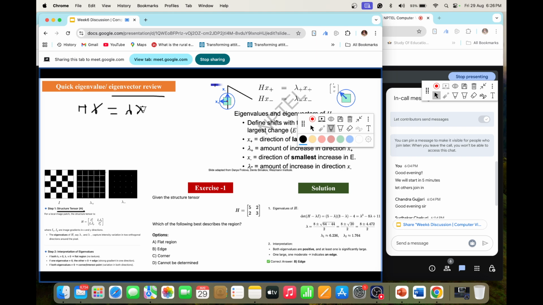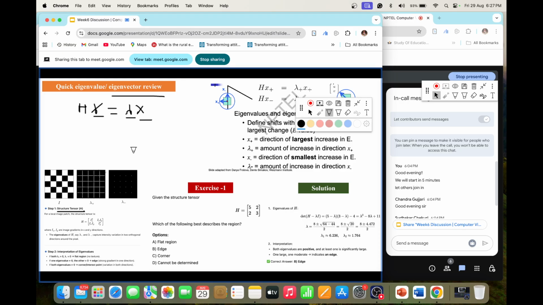H is your structure tensor matrix, x is the direction associated with this structure tensor, and lambda is the eigenvalue, or the scale related to your structure tensor matrix. So that is the quick eigenvector and eigenvalue review.